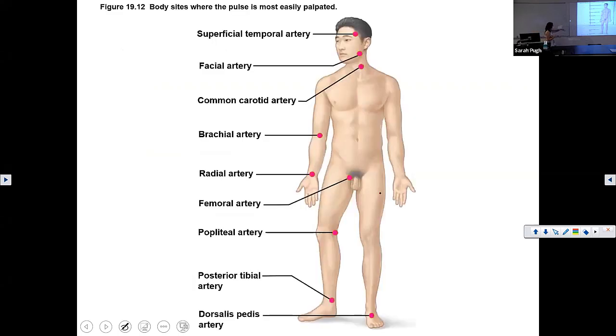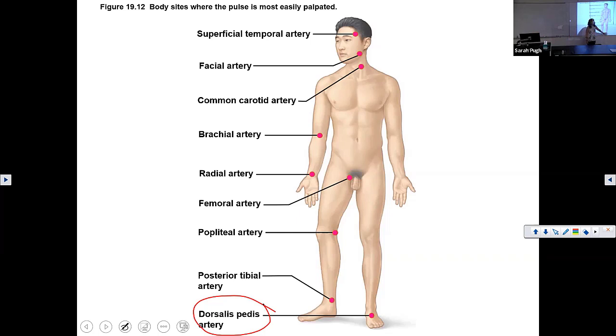Here are some of the pressure points. I mentioned the femoral artery and the carotid arteries, but there are some other pressure points as well. This one down at the bottom, the dorsalis pedis artery. Sometimes if you're in the hospital, they may even take your pulse down here on the foot, especially if somebody has maybe a leg wound. Let's say they have a wound here on their left leg.